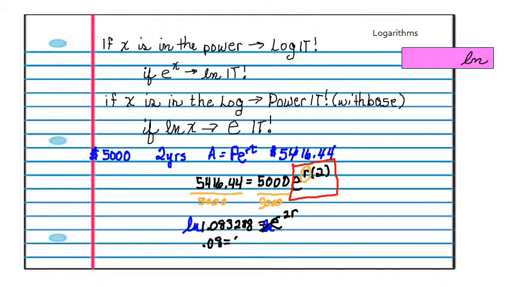And of course that says goodbye to the e, so it leaves you with the 2r, divide by 2, and divide by 2. So the result is 0.04 equals r, or 4% for your rate. Okay, go out and give your doggy a dog biscuit for log log.